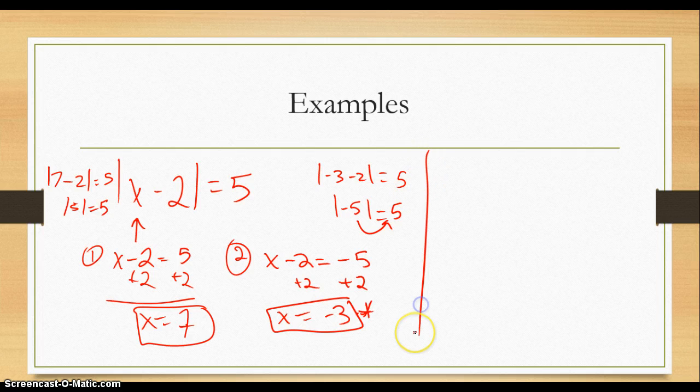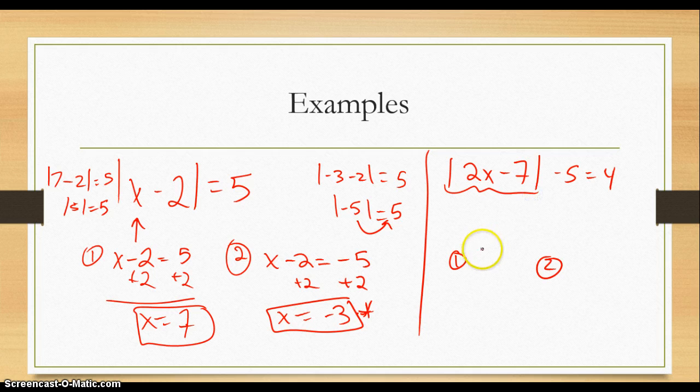So let's work on another one right here. Absolute value of 2x minus 7, end of absolute value, minus 5 equals 4. Now the rule for an equation or an inequality is that we will not start making our two equations until we are left with only what's inside the absolute value.